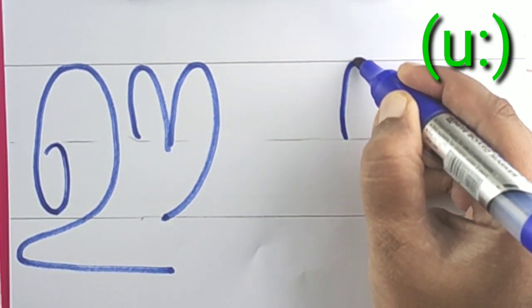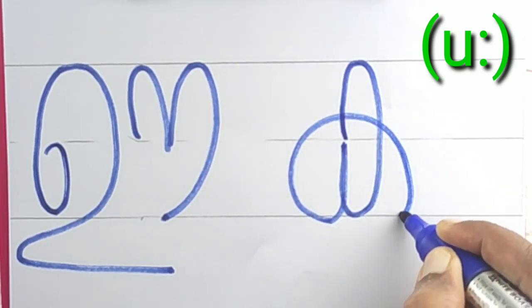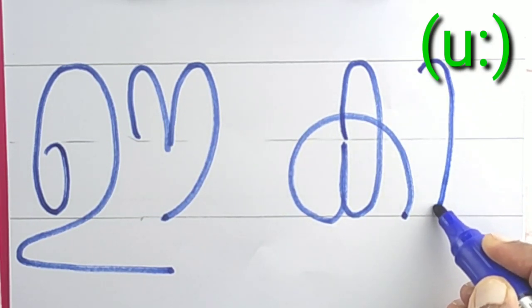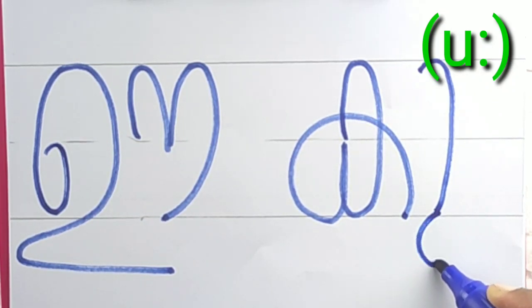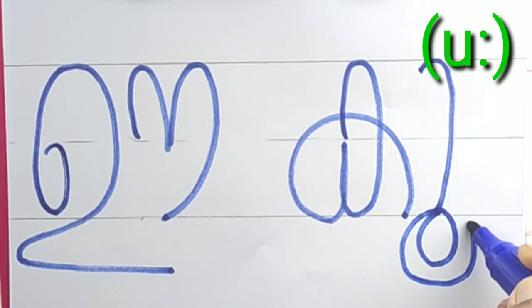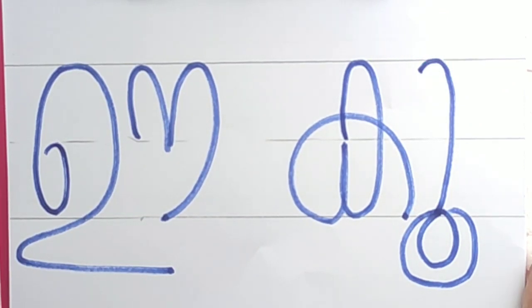So we'll write Ka first. And for U, we wrote one round, so like that we will make one more round for U. So that is U.